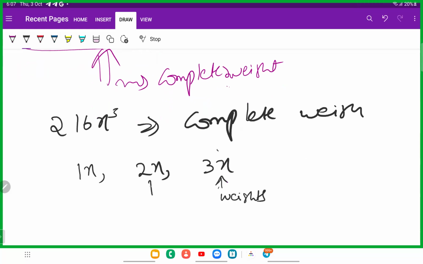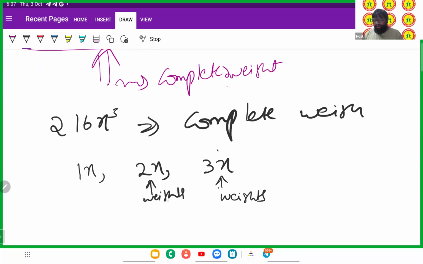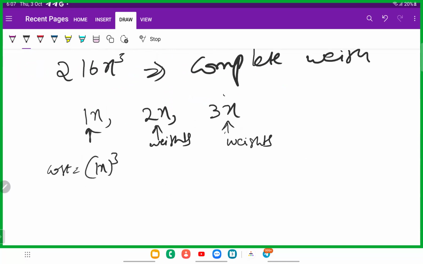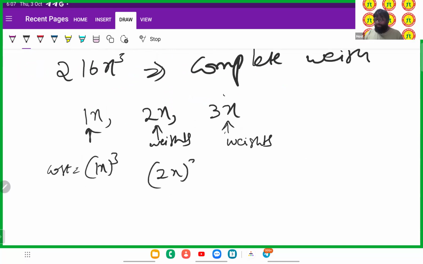These are weights. So if I want to get each broken part's cost, what will be my cost? 1x whole cube, 2x whole cube, and 3x whole cube. Am I correct?